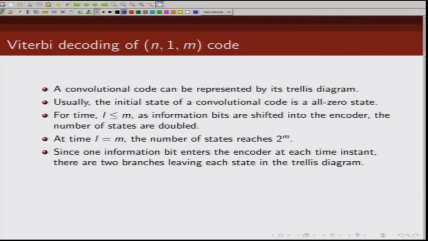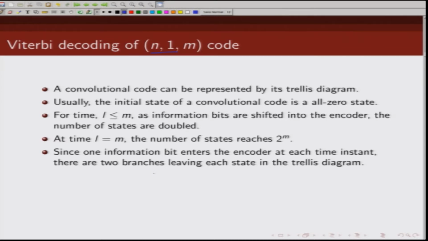So, since we are considering a rate 1 by n code, k is 1. So, each time instance we have one information bit that enters the encoder. So, there are 2 possible branches leaving each state, one corresponding to information bit 0, other corresponding to information bit 1.